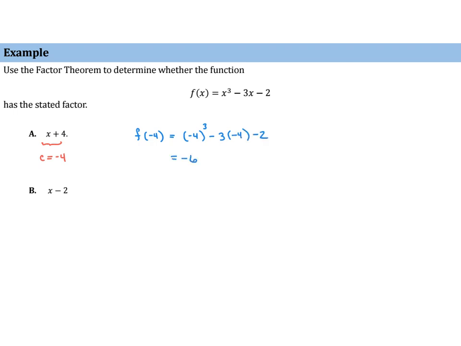So we have negative 64 plus 12 minus 2, which is equal to negative 10. So negative 4 is not a 0, so x plus 4 is not a factor.